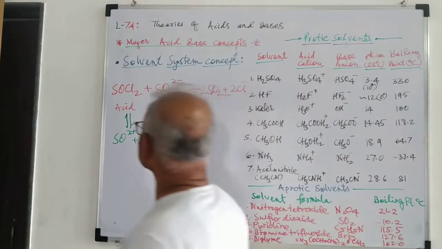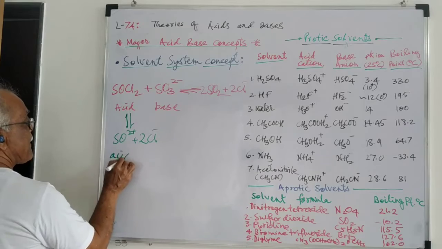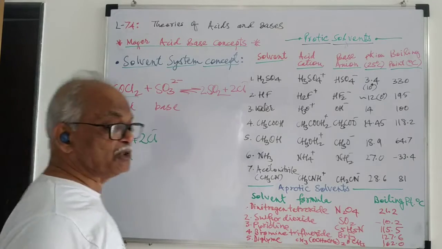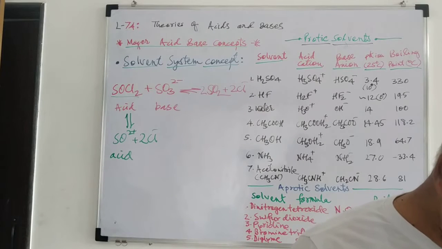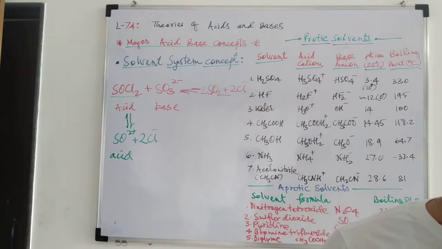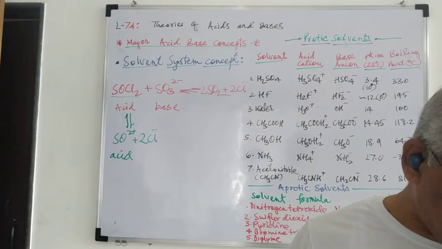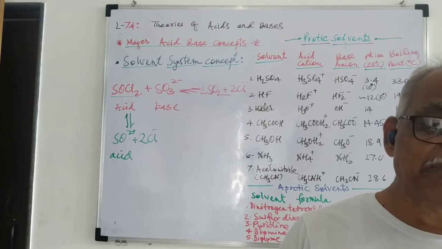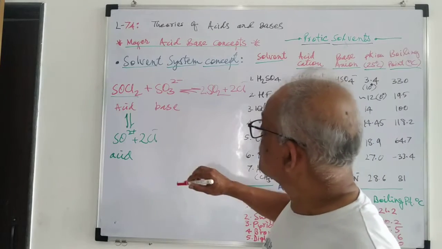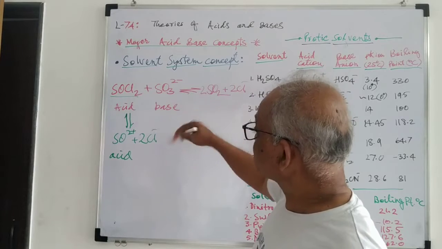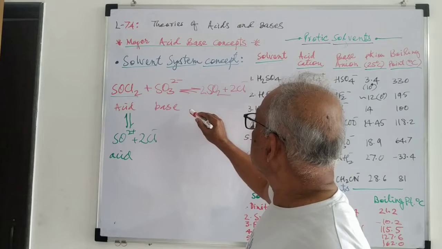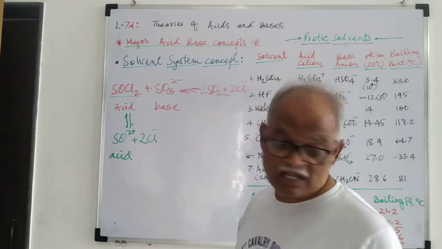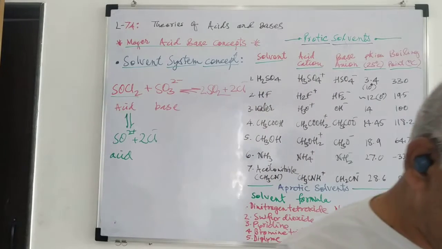So this is an acid, and therefore SOCl2 is considered an acid. But sometimes the reverse reaction should take place. The reverse reaction may show an exchange of oxygen ions.